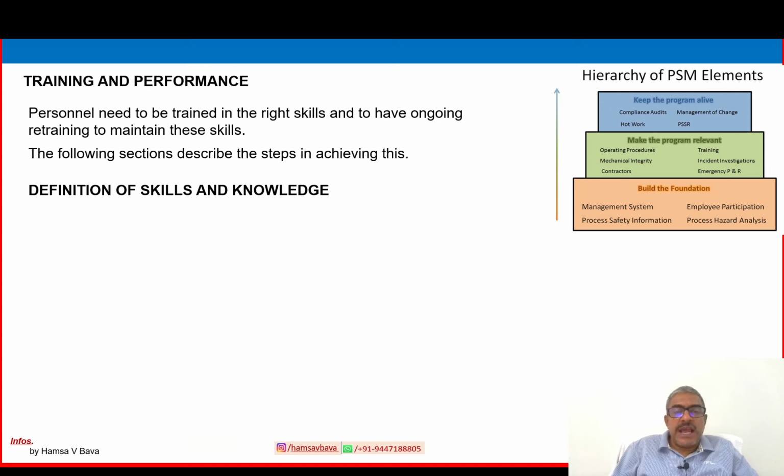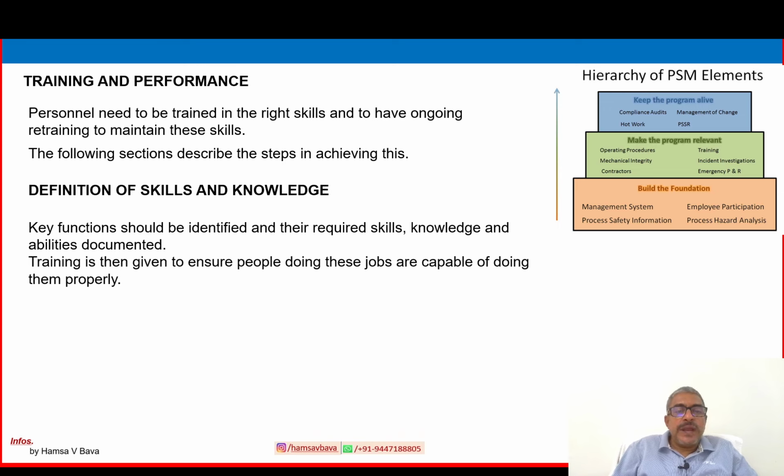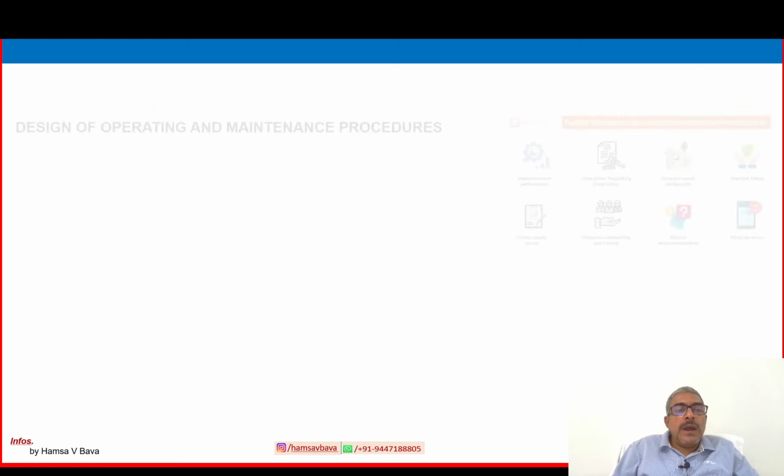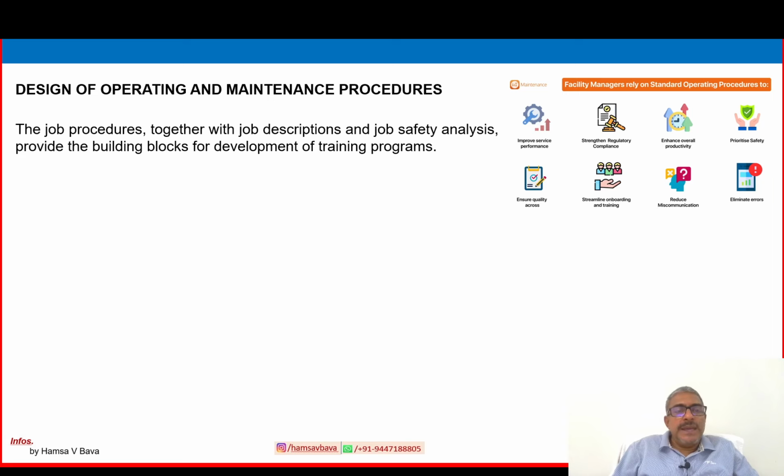Definition of skills and knowledge is very important. Key functions should be identified and their required skills, knowledge, and abilities documented. Training is then given to ensure people doing these jobs are capable of doing them properly. Design of operating and maintenance procedures is also an important element in PSM.